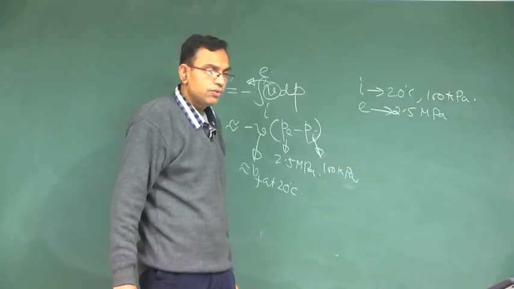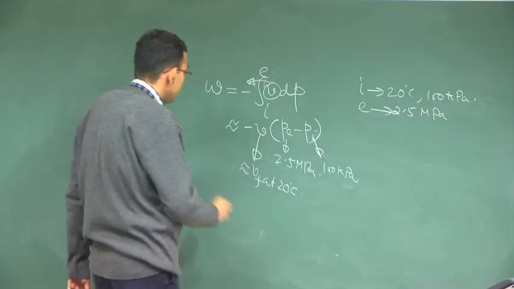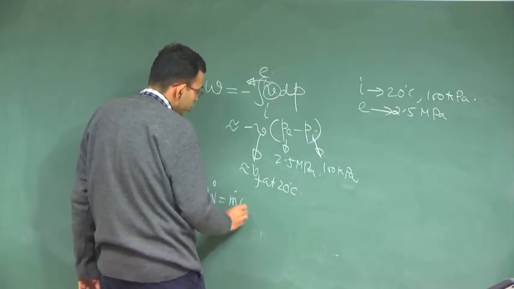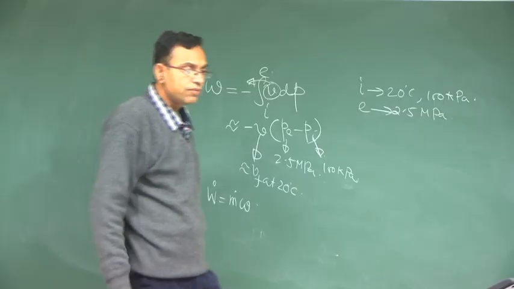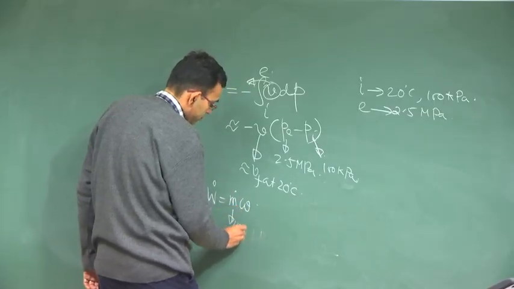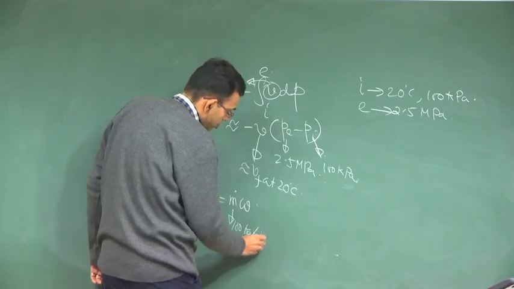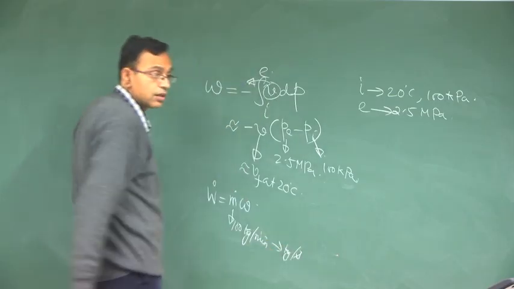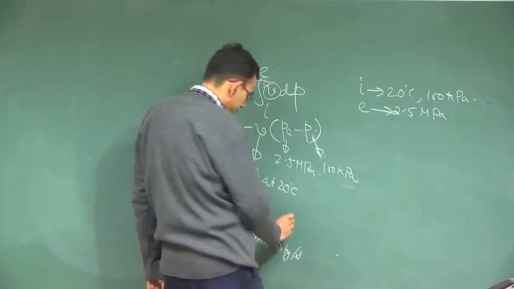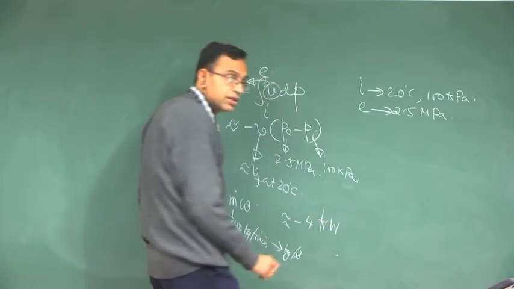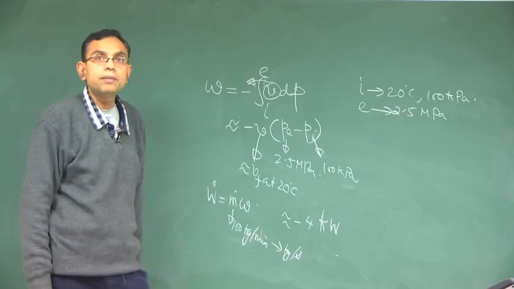So, you have to find out what is the rate of work done. So, W dot is m dot into small w, and m dot is given as 100 kg per minute. So, you convert it into kg per second. So, this will be roughly minus 4 kilowatt, that is the work input necessary for the pump.